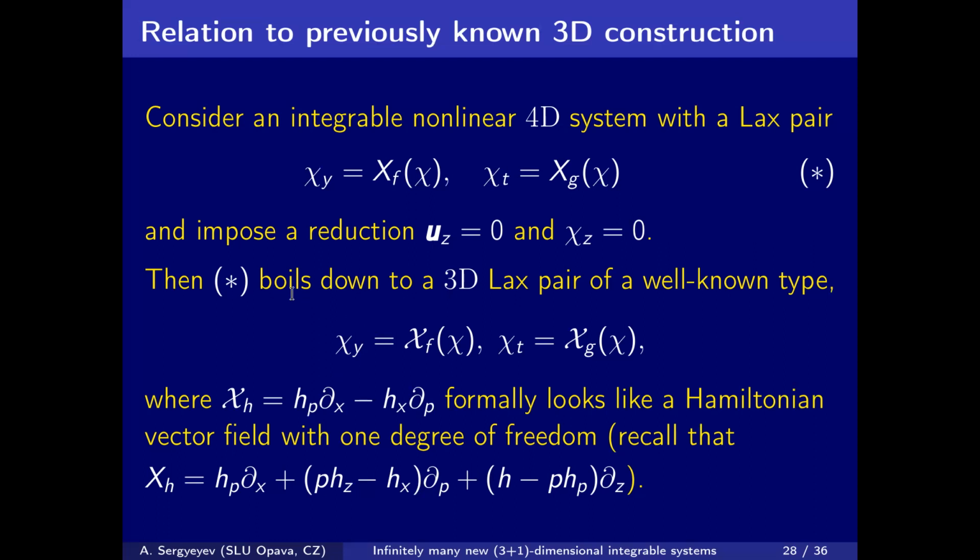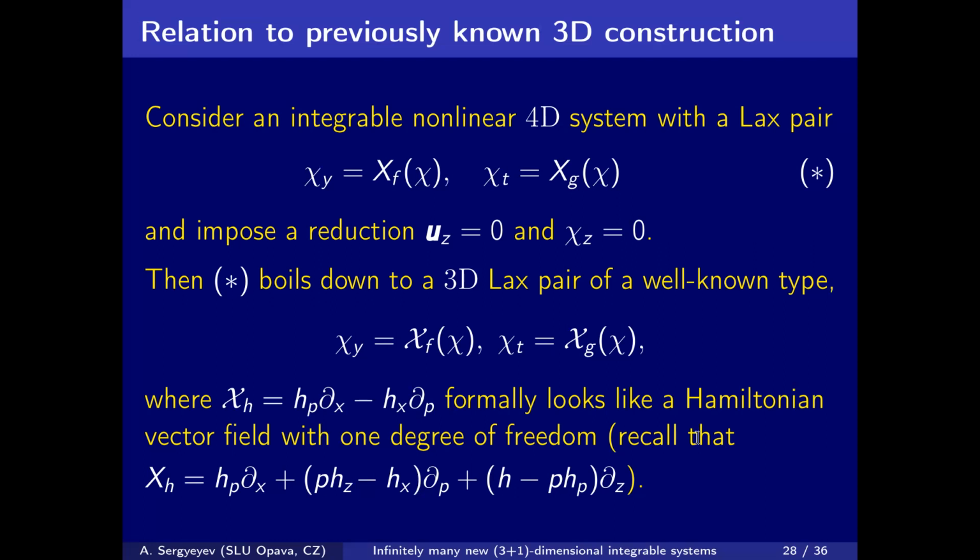Namely, upon this reduction, the Lax pair star boils down to this one, and this is the kind of Lax pair that we have already seen before, the ones that have these operators formally looking like Hamiltonian rather than contact vector fields.